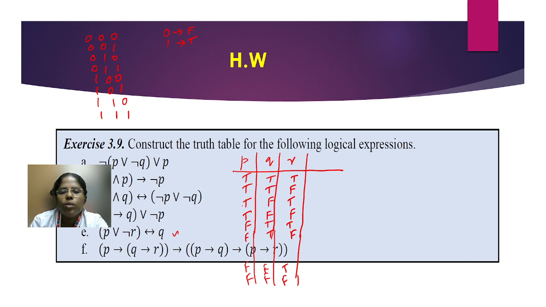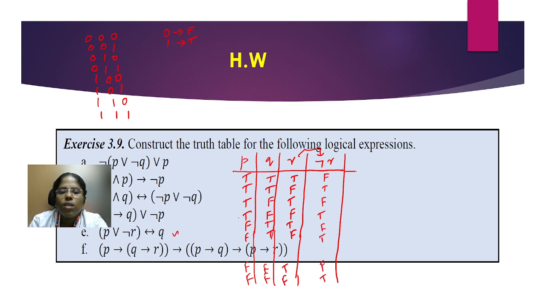Okay, so yes, 8. So next thing, we need to take the negation of R. So false, true, false, true, false, true, false, true.